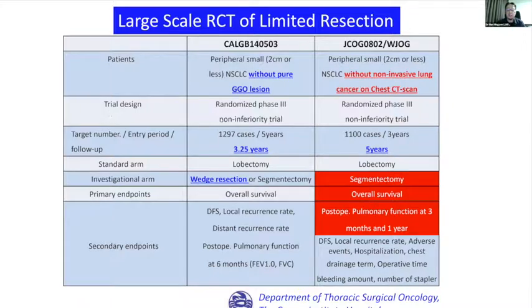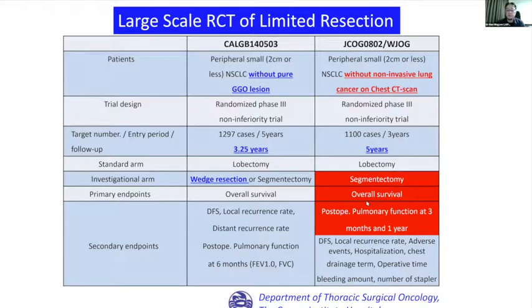The study design was a non-inferiority trial, and the standard arm is lobectomy. The investigation arm in the CALGB study includes wedge resection, but the JCOG study is segmentectomy only, and this is different. The primary endpoint was OS, and the secondary endpoint is post-operative pulmonary function.